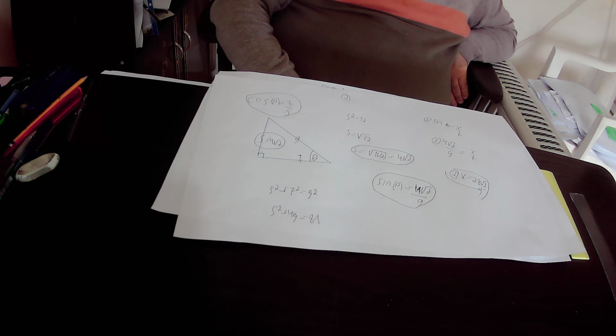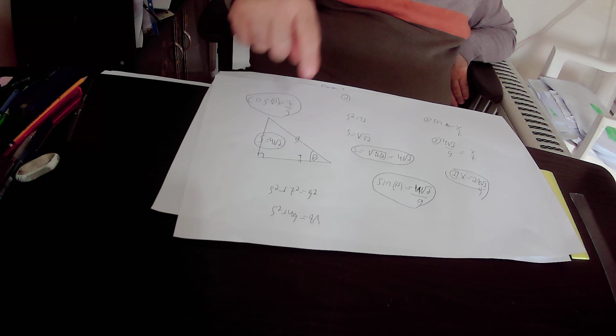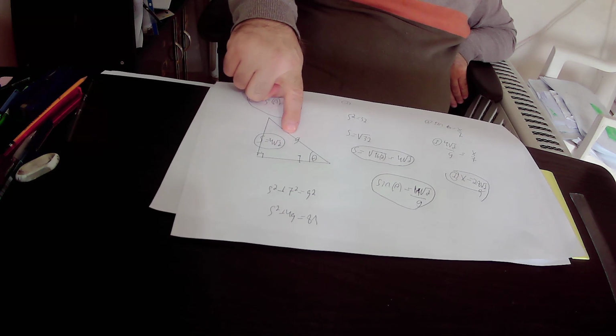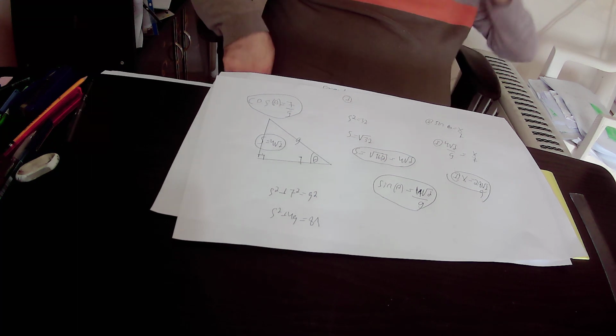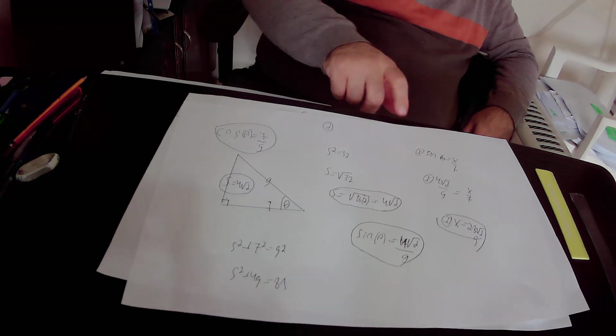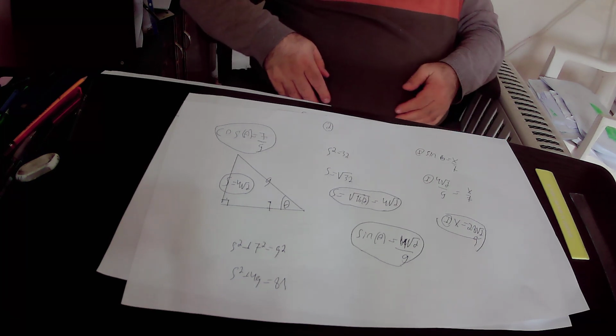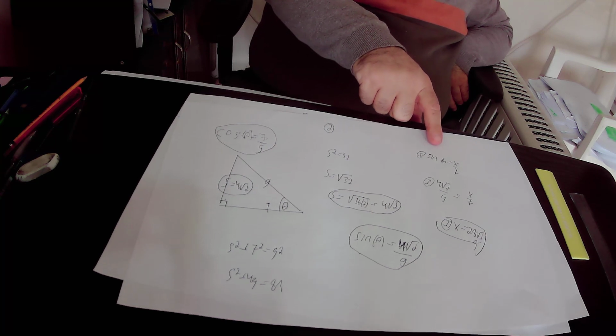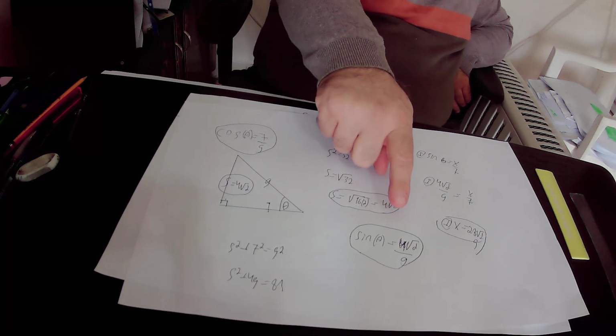And we have already found out that here sin theta equals 4 times square root of 2 over 9. Then, according to equation number 1, sin theta equals x over 7. So we can substitute sin theta here by this expression.